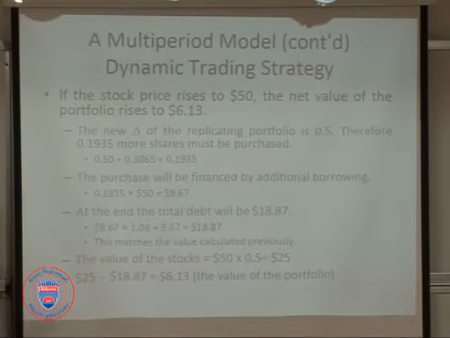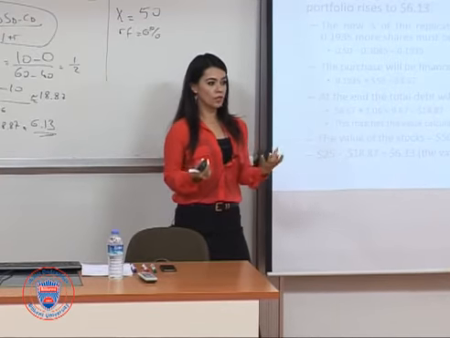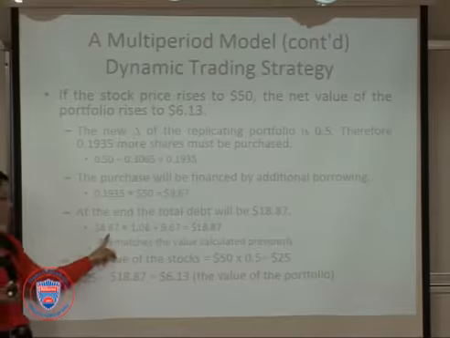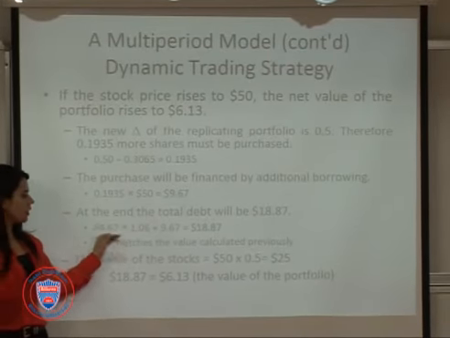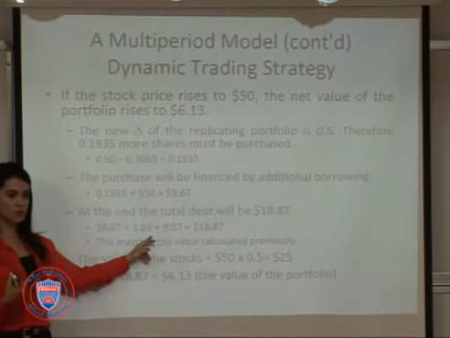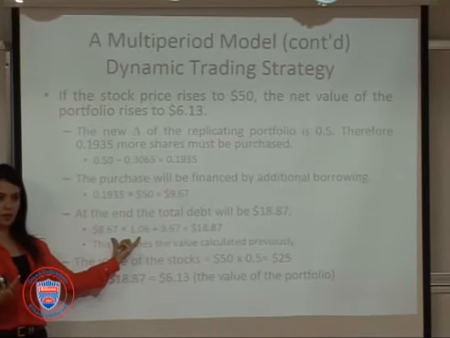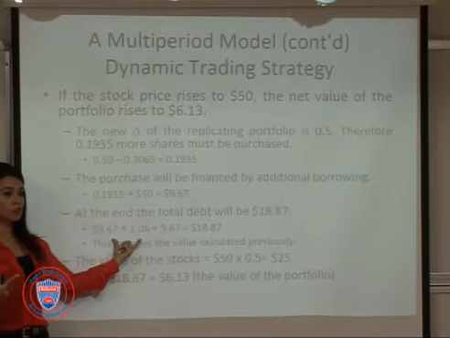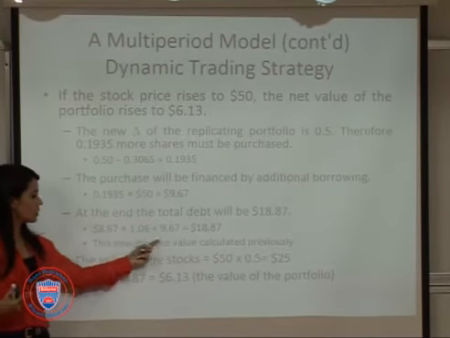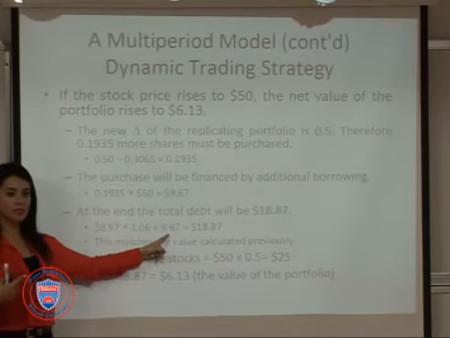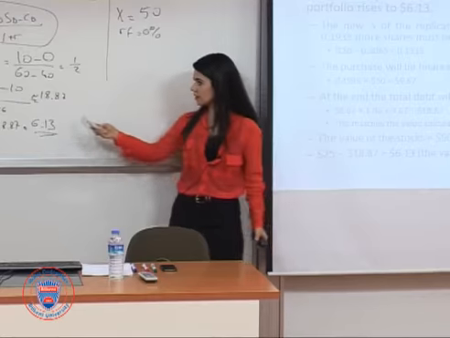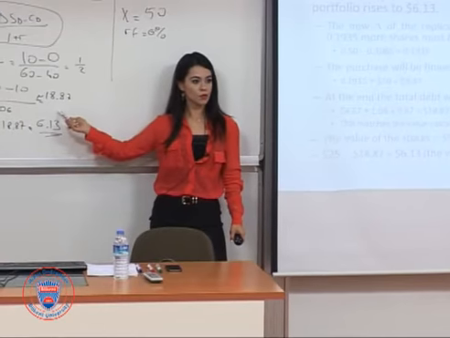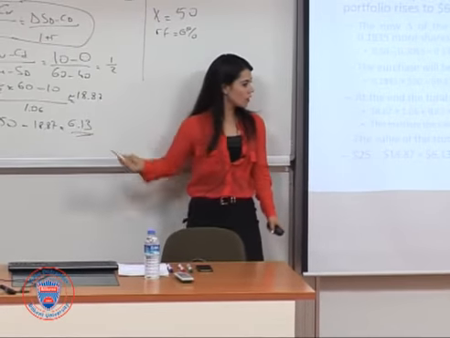So what you need to do, you need to borrow more money. You don't have that much money. So you started with 867 at time 0. The value of the debt grew by the risk-free rate to 920. But since you need additional financing to buy extra shares, you have to borrow 967 more. So the total value of the debt became 1887, which is also what we found.